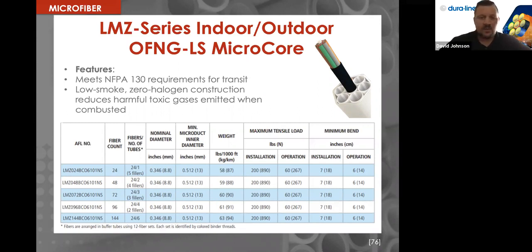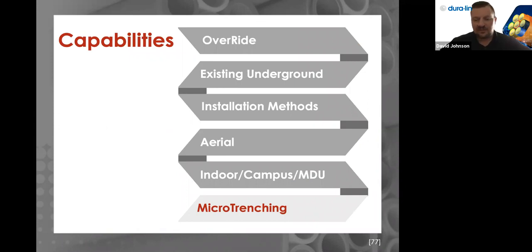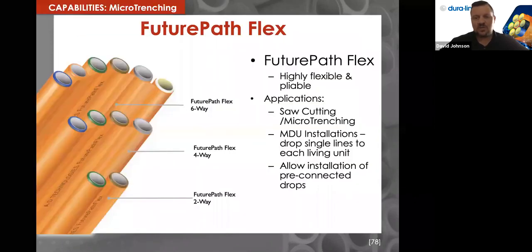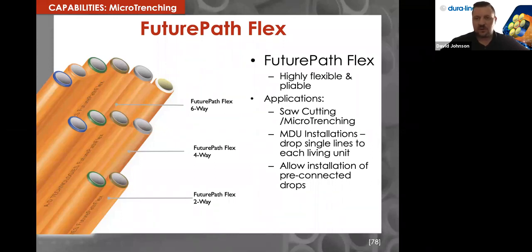That's incredible. So last aspect here, and once again, this is a teaser. We'll breeze through it. But micro trenching is a huge opportunity for cities and places that have restrictions for right-of-way space, for permitting and whatnot. Our Flex FuturePath is a great product to use for micro trenching.